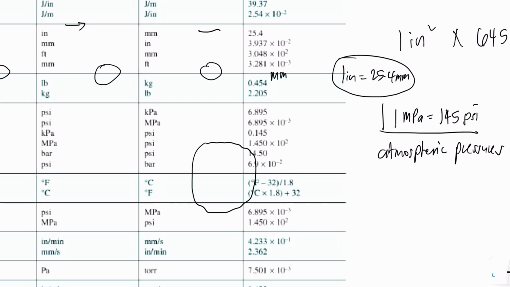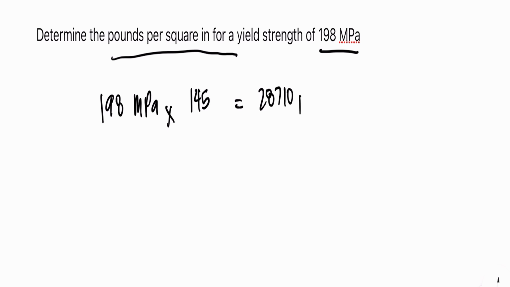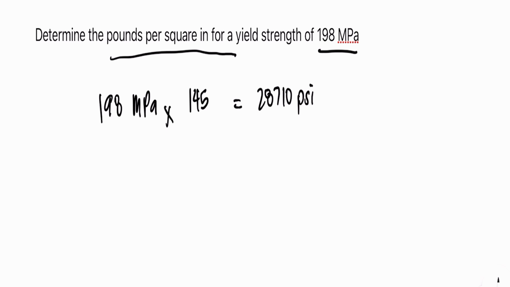So that is the conversion. So 198 MPa, multiply that by 145, then you will get the result of the psi value, which is 28,710 psi by using the chart earlier.